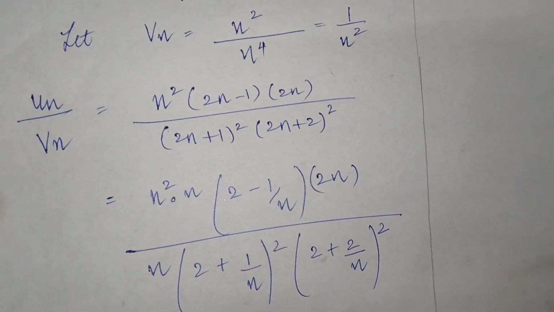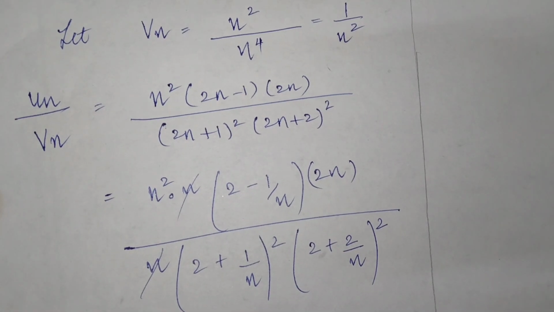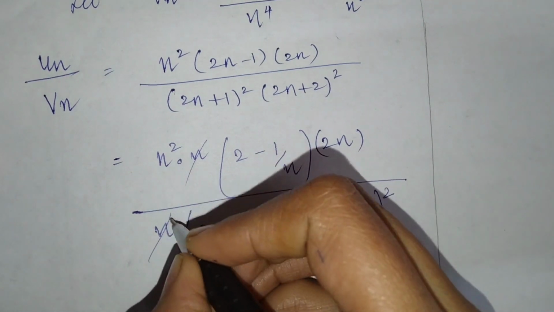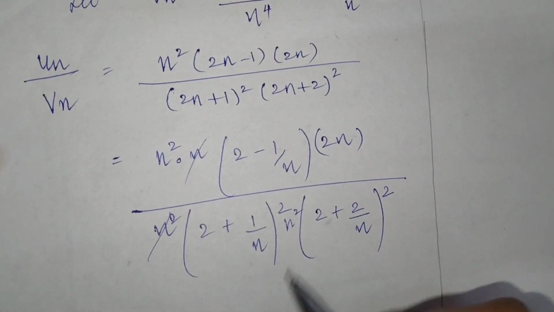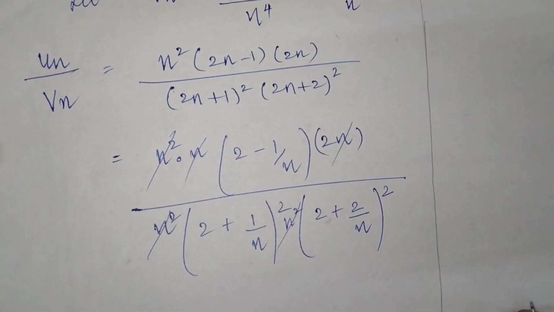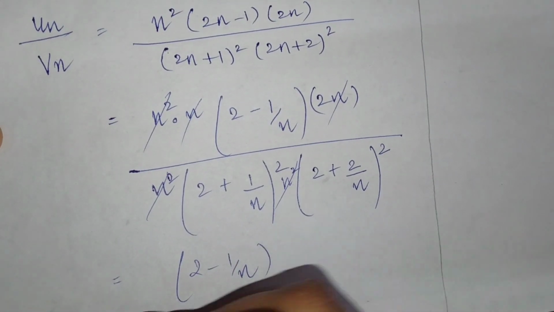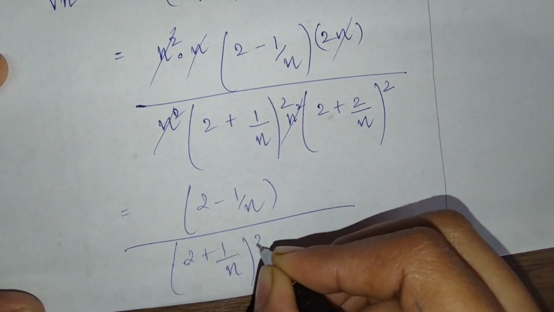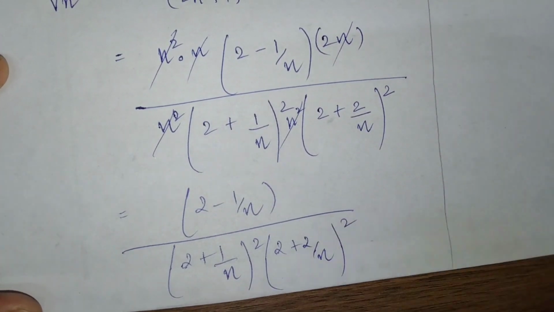Sorry, I forgot to write the n square term we took common, so we have to write n square outside. So all these terms will get cancelled. And so we will get (2 minus 1 by n) upon (2 plus 1 by n) whole square into (2 plus 2 by n) whole square.